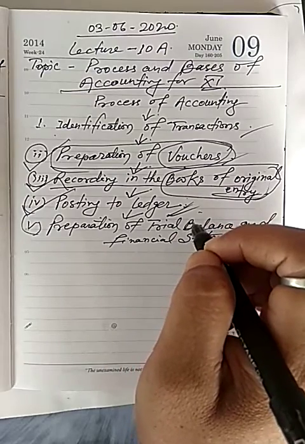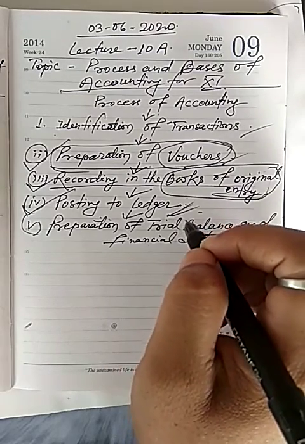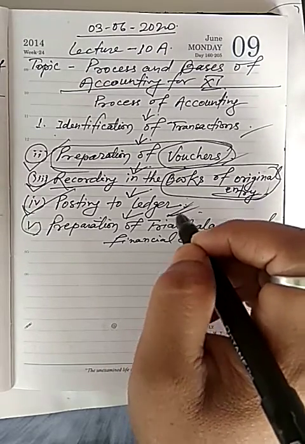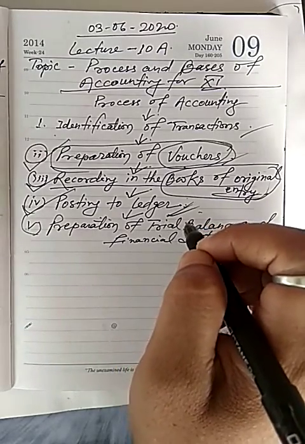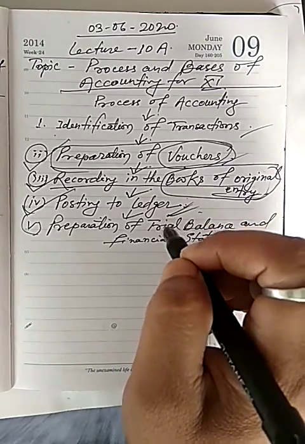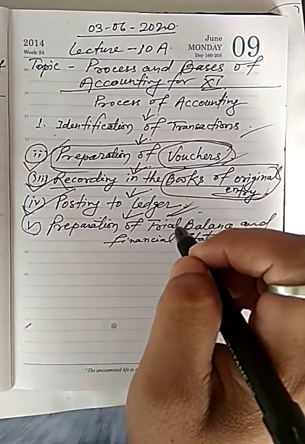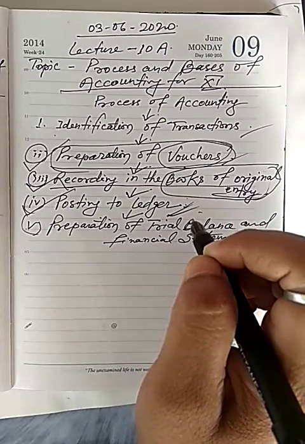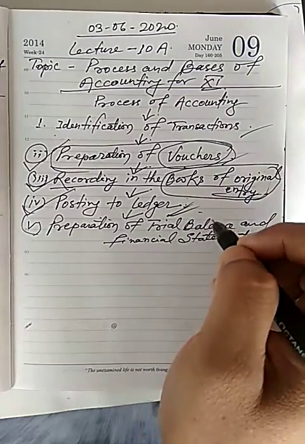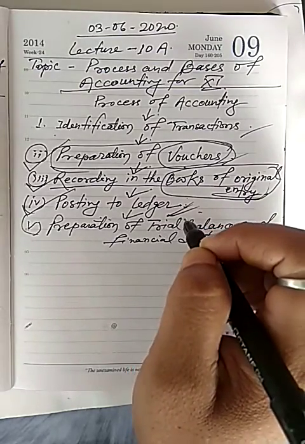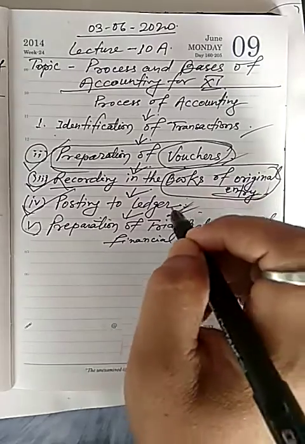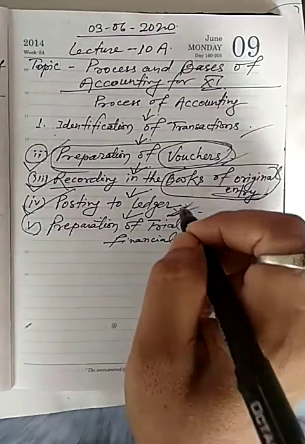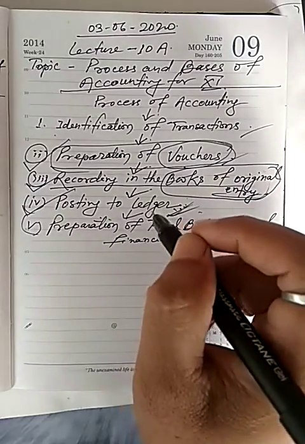Thus, in ledger, separate accounts are opened in the name of each person, whether customer or supplier. Likewise, separate accounts are opened for assets, liability, purchase, sale, etc.